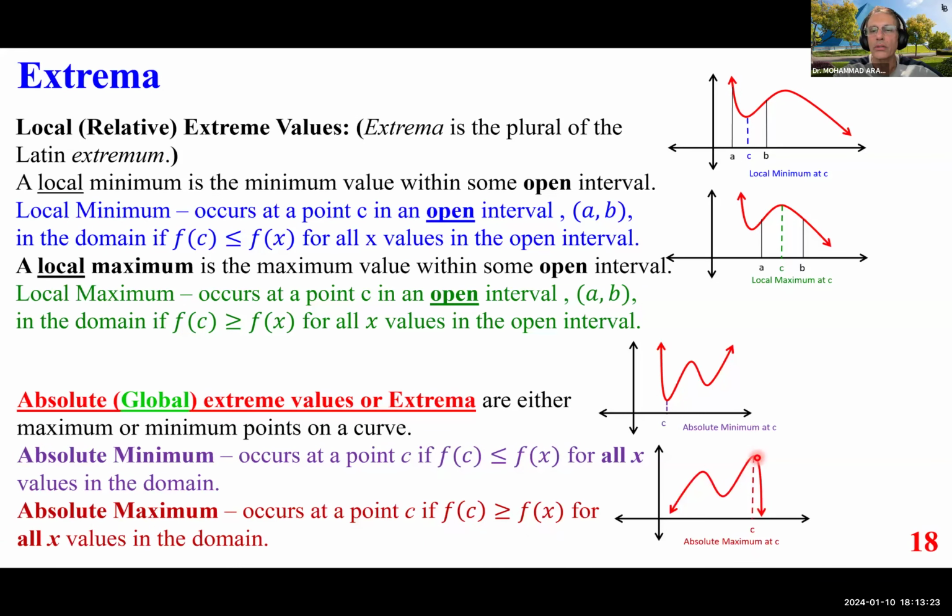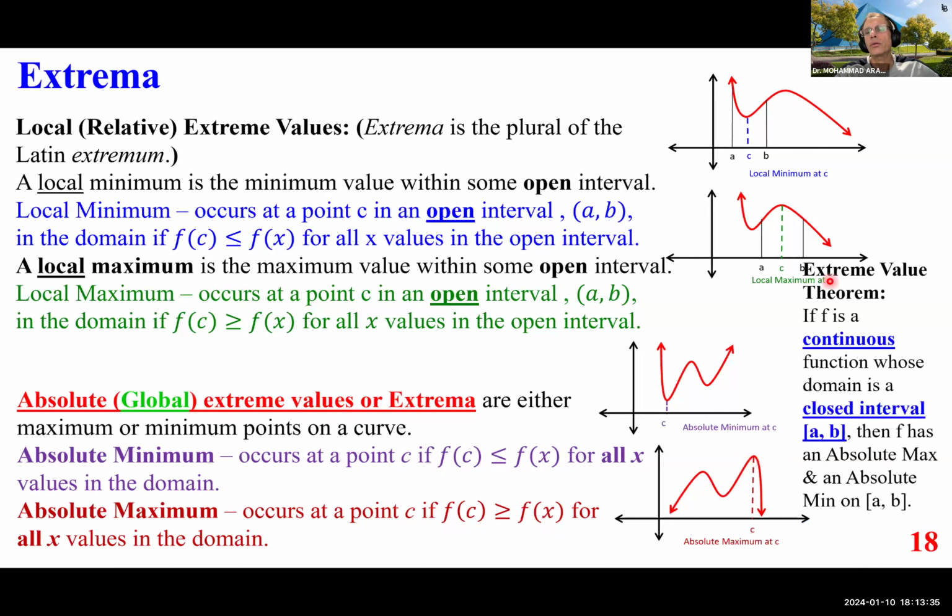This one is also considered an absolute max because no other point has a larger y coordinate in the entire domain of the function. There's something called the extreme value theorem. If f is a continuous function whose domain is a closed interval [a, b], then f has an absolute max and an absolute min on the closed interval [a, b].